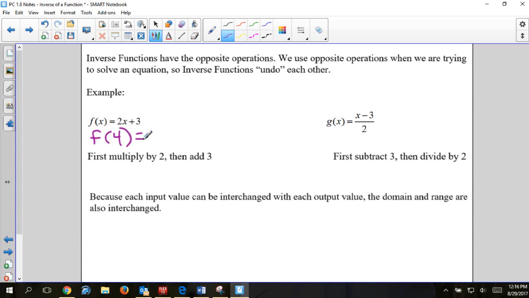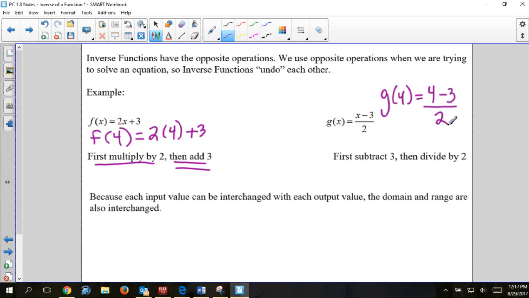If I were to find f of 4, I would first take 2 times 4, and then I would add 3. So that's what is written underneath. First, multiply by 2, then add 3. That's what I would do if I put 4 in. But if I put 4 into g, if I did g of 4, I would first subtract 3, then divide by 2.